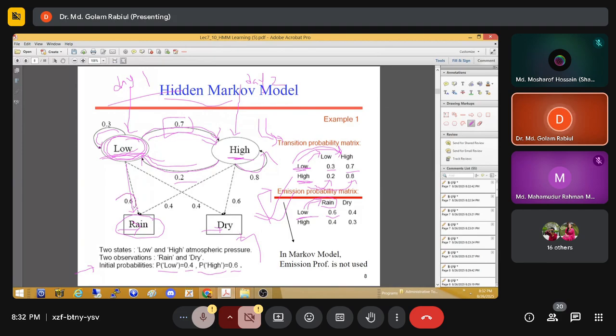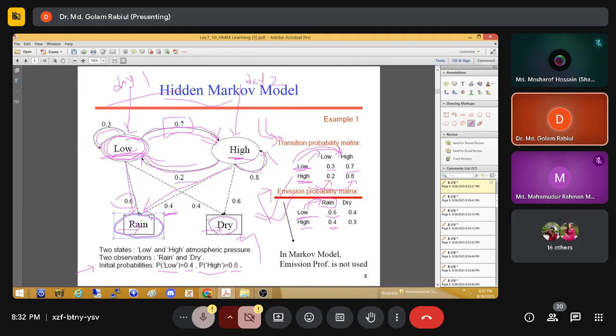And the probability of rain in high atmospheric pressure is 0.4.